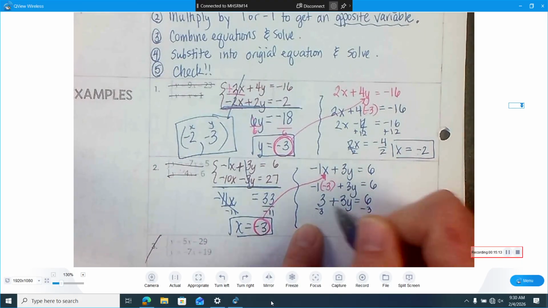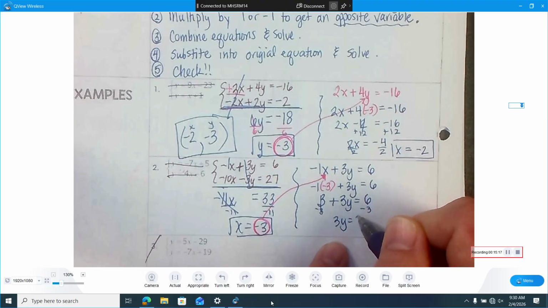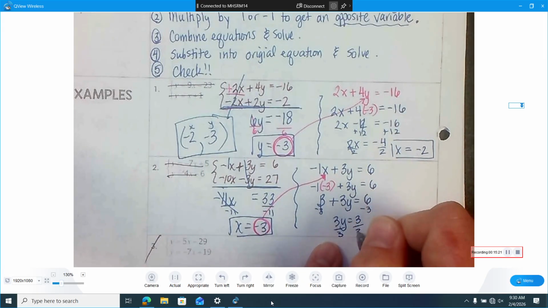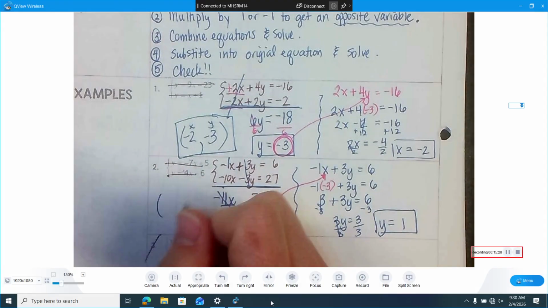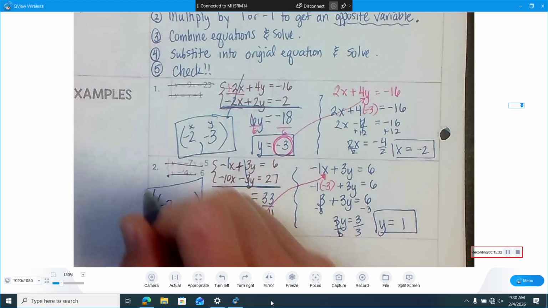Subtract the 3. So I get 3y equals 6 minus 3 is 3. And then divide by 3, divide by 3. So we get y equals 1. Excellent. What's my ordered pair? Negative 3, comma 1.